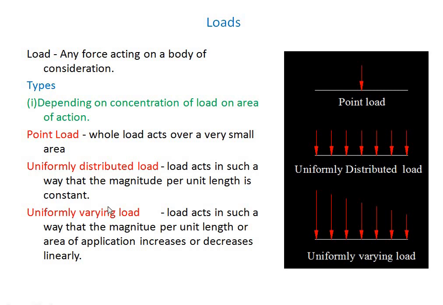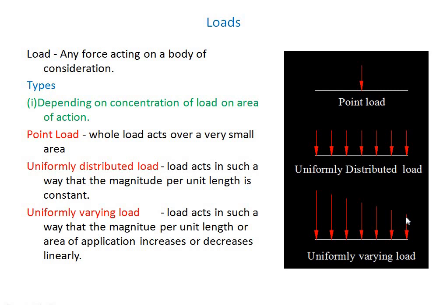Now uniformly varying load. Here the load acts in such a way that the magnitude per unit length increases or decreases linearly. Look at this diagram. When I am considering from the right towards the left, the magnitude of the load increases in a linear manner.